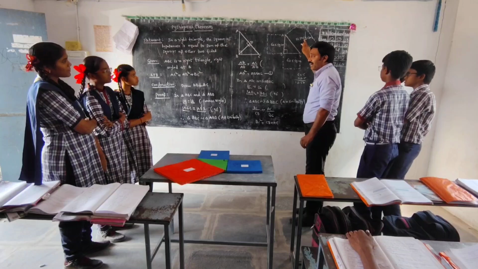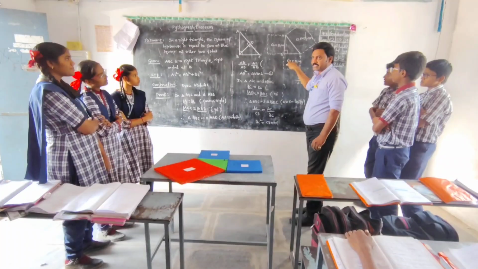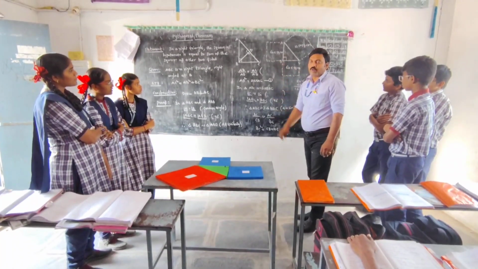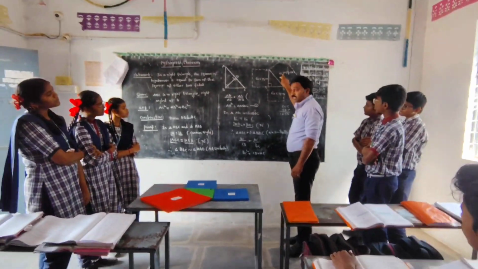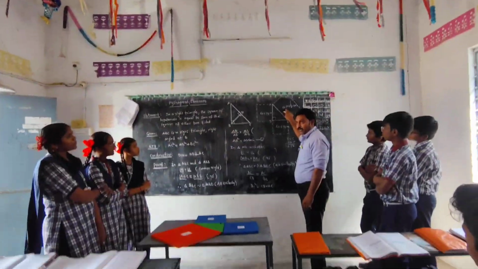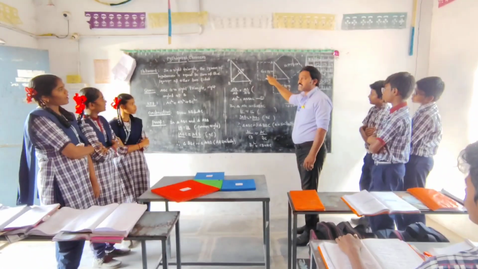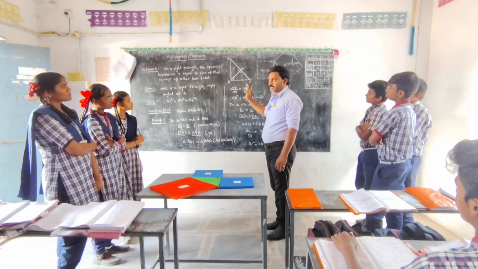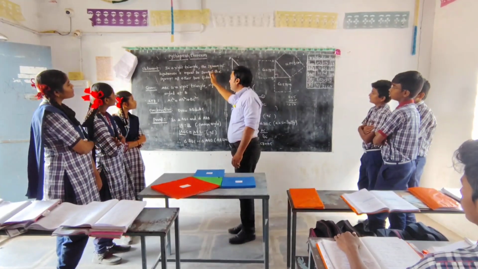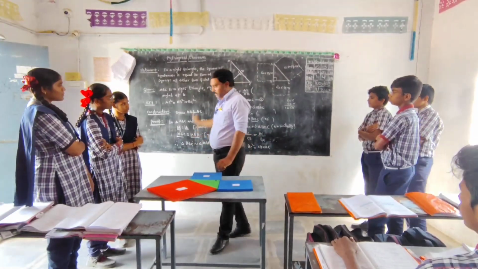See here, this 1250 is equal to the sum of the areas of these two squares. So this is called the geometrical proof of the Pythagoras theorem. Once again, the square of the hypotenuse is equal to the sum of the squares of the other two sides. This is the geometrical explanation, and the real proof of Pythagoras theorem I will explain on the board.